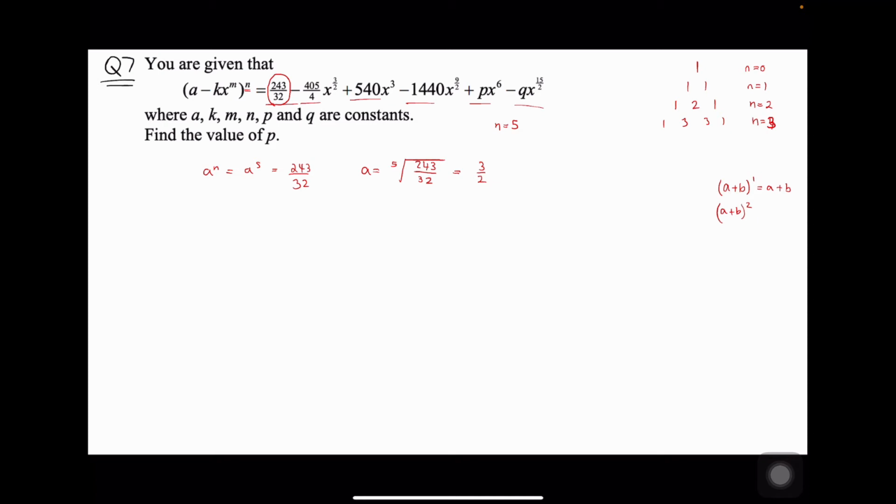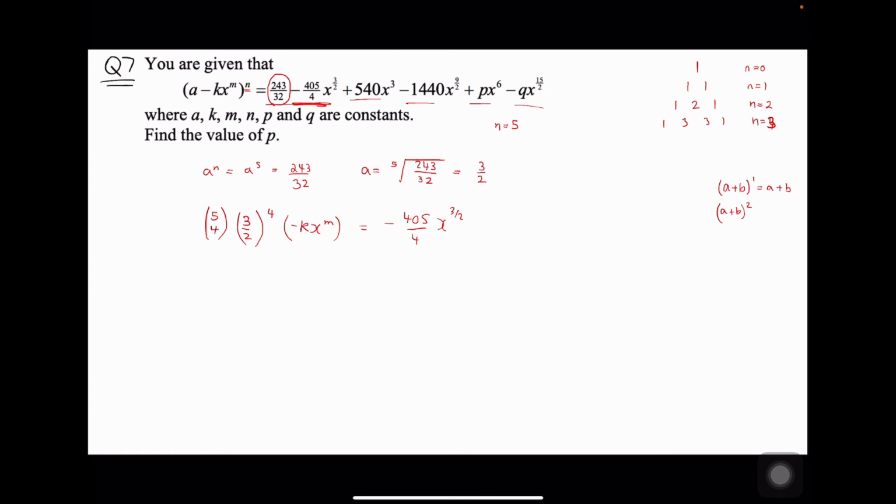Now we're going to look at the second term here. So the second term is 5 choose 4 a, so in this case 3 over 2 to the 4, and negative kx to the power of 1, equals negative 405 over 4 x to the 3 over 2.